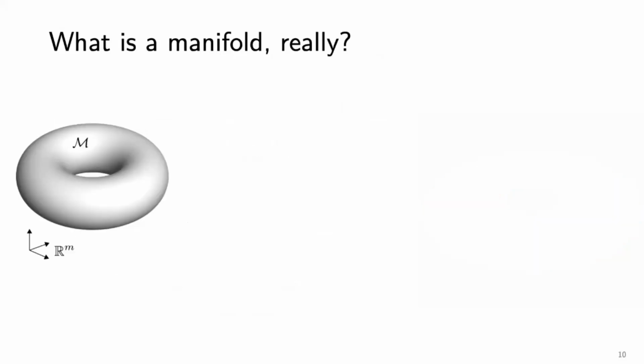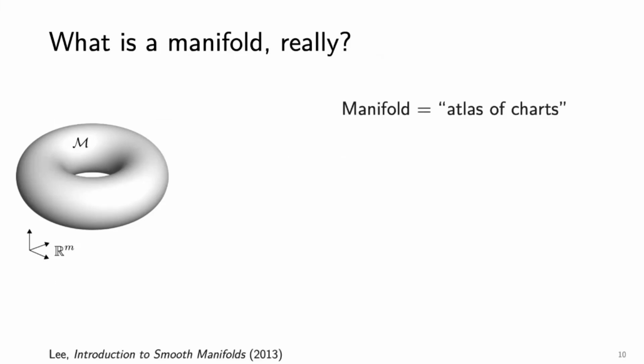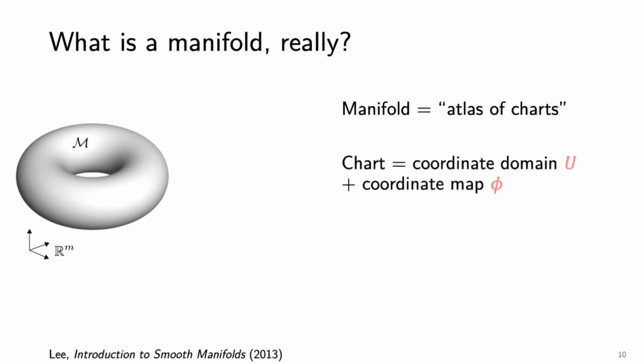And so I'll keep working with this torus on the left. And the way that we'll represent a manifold is as what's known as an atlas of charts. And I'll explain what each of these words mean in the context of manifolds. So a chart is something that has two ingredients. It includes an open subset on the manifold that's called the coordinate domain.